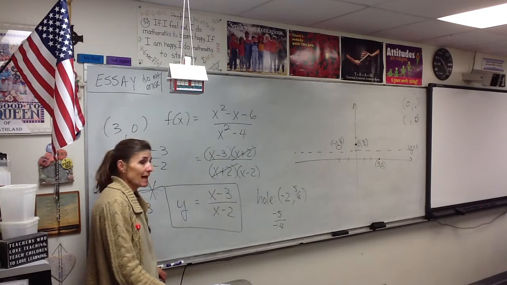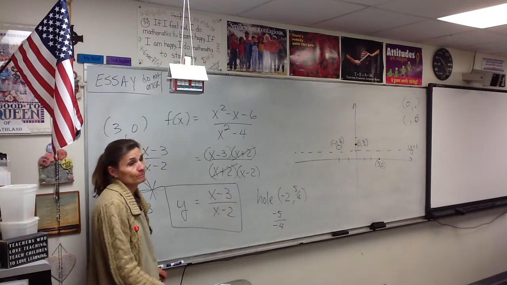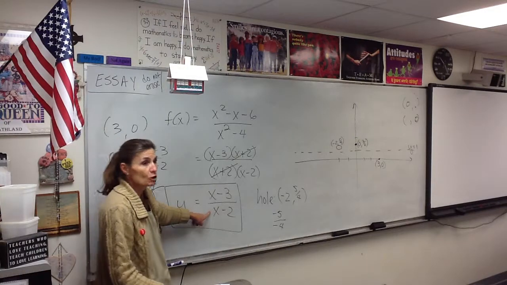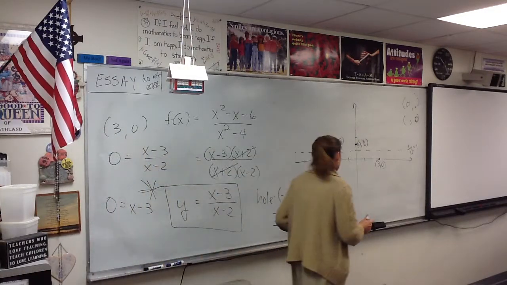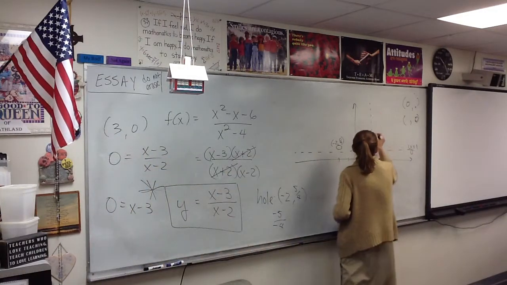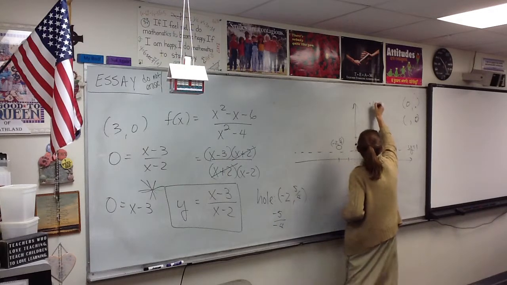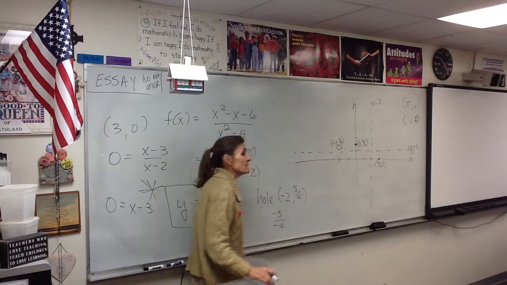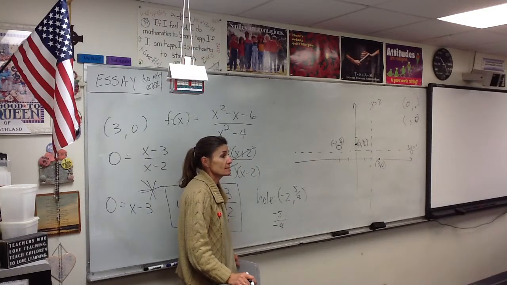Madison, last thing, I need a vertical asymptote. You can set the denominator equal to 0. So where's it going to be? X equals 2. I got a vertical asymptote at x equals 2. Vertical asymptotes happen when the denominator equals 0.